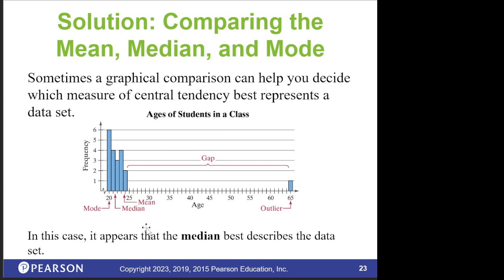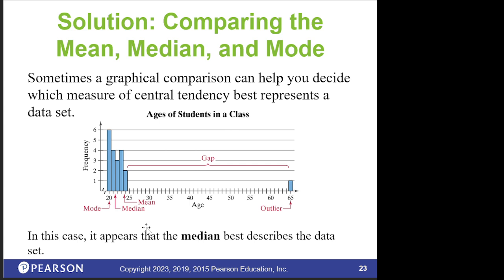Visually, it looks like the median is the better description of this data. And one of the things we're going to do is move from visualizing these things to the numerical measure, and look at how we can compare what the numerical measure means to the visualization.